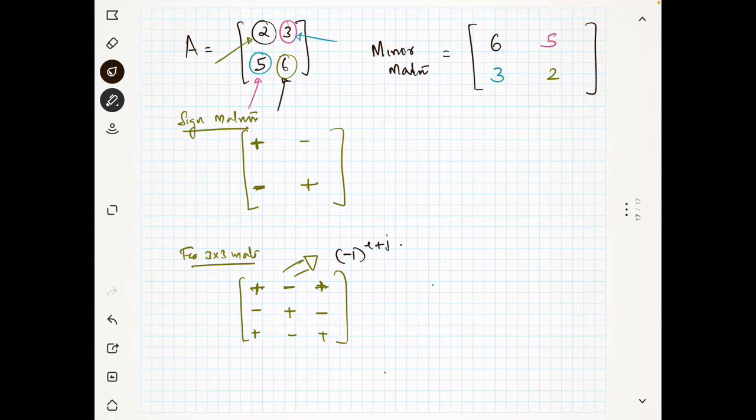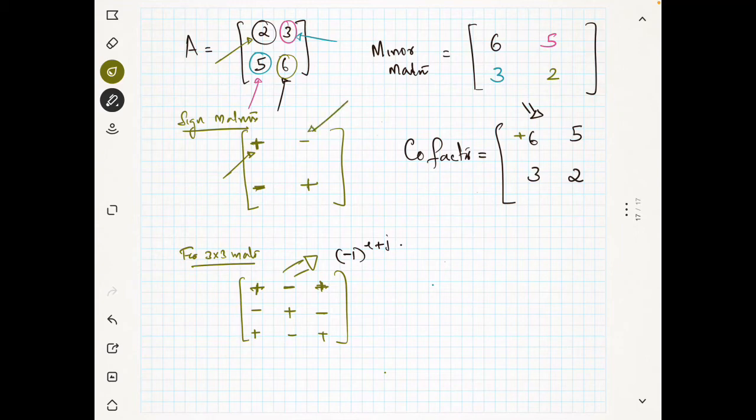So you can define a new thing which is known as cofactor. For finding the cofactor, what do you have to write? You just write the minor matrix 6, 5, 3 and 2. After that you see here the sign convention. The first element is positive, so plus.